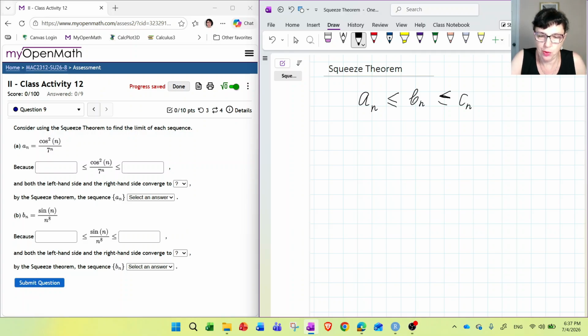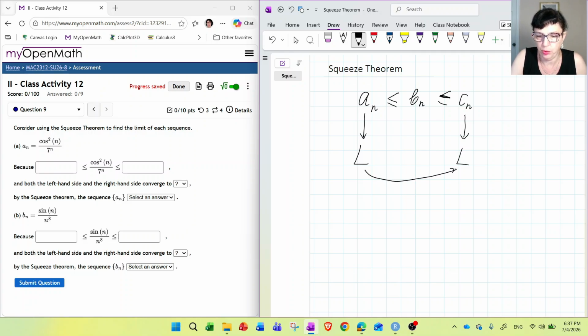what you can do is look at the limit of the left-hand side. So look at the limit of sequence a_n, and imagine that it is equal to some L. Then you also look at the limit of the sequence c_n and imagine that that one also goes to the same exact number.